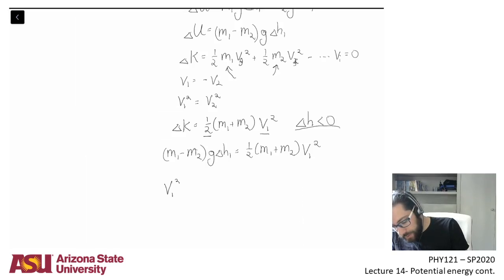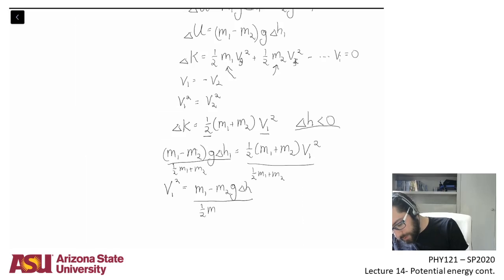V1 squared is equal to, dividing both sides by 1/2 (M1 plus M2), (M1 minus M2) g delta H over 1/2 (M1 plus M2).